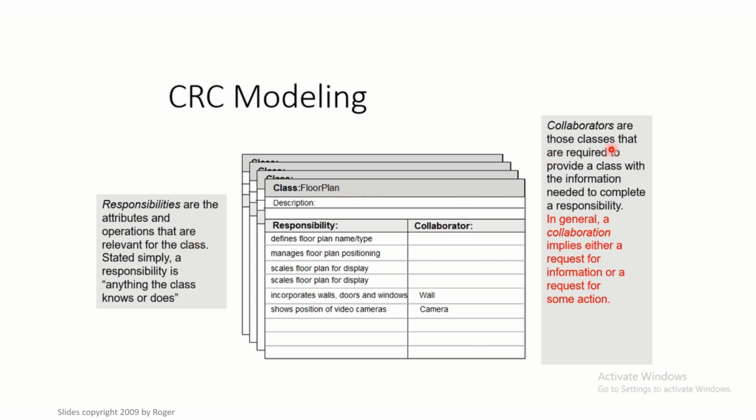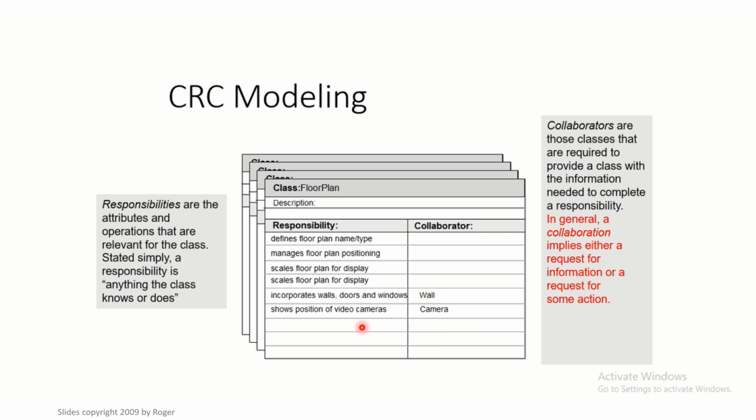Now coming to the collaborators. Collaborators are those classes that are required to provide a class with the information needed to complete a responsibility. In general, you can say that collaboration implies either a request for information or a request for some action.